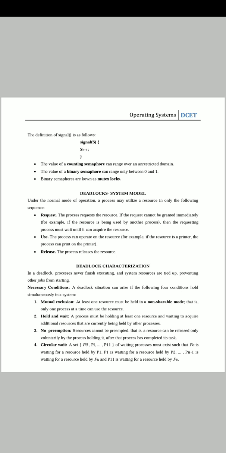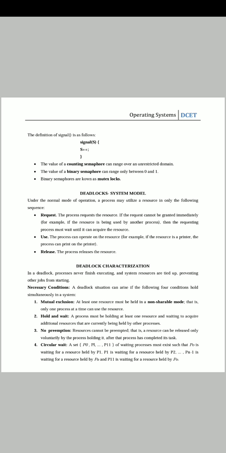Any one question will come from this deadlock necessary condition. The first condition is mutual exclusion. Mutual exclusion says that at least one resource must be in a non-shareable mode, that is, only one process at a time can use the resource.